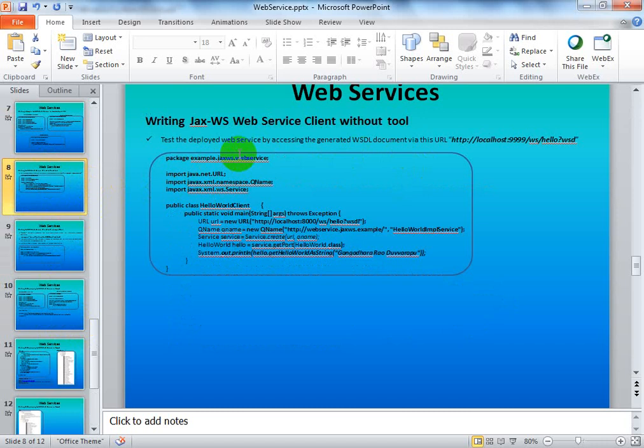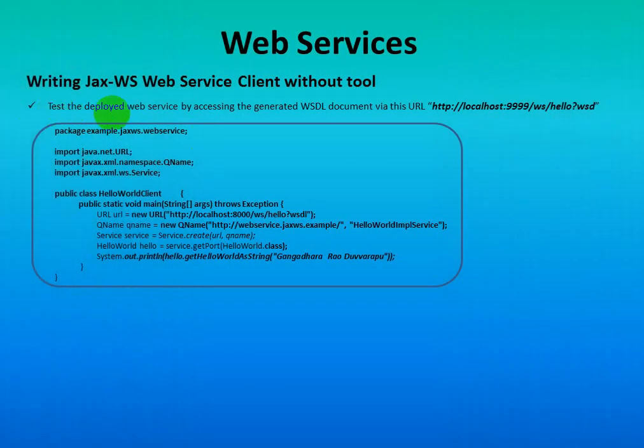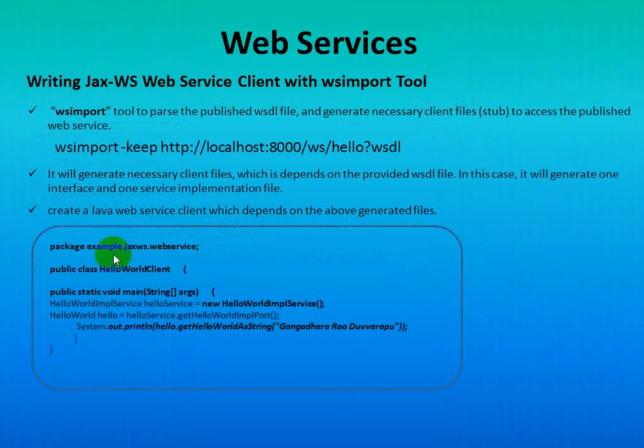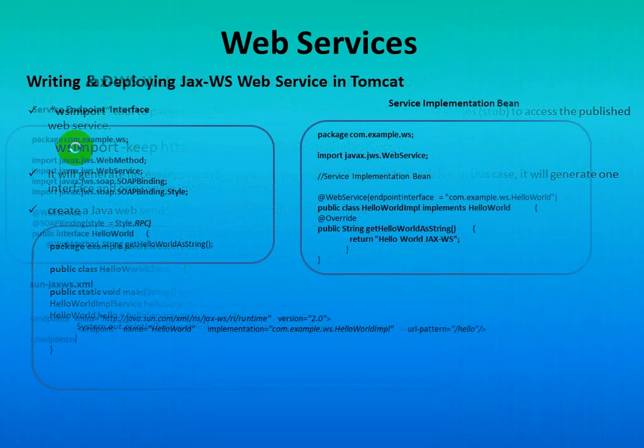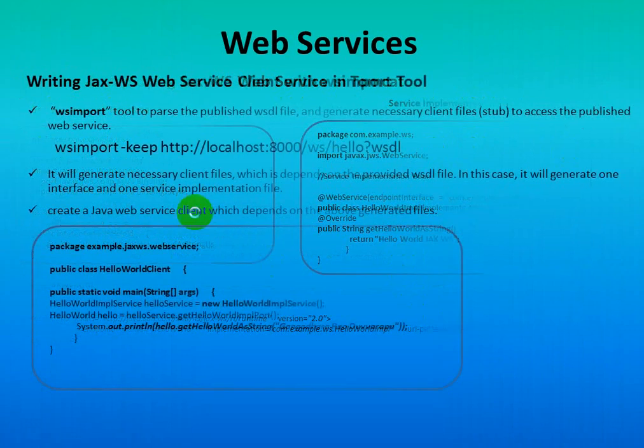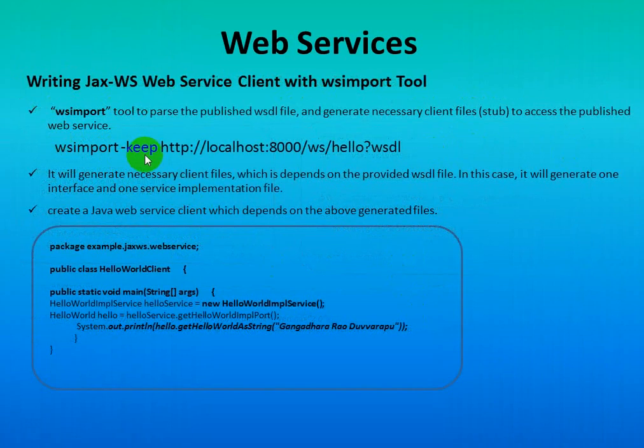This is the way to use wsimport. wsimport with -keep keeps both the .java files and the .class files. It creates them, and you have to provide the URL where that service is exposed.